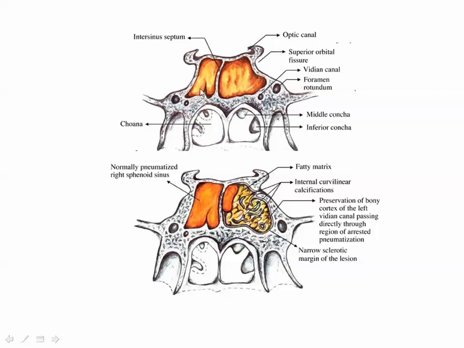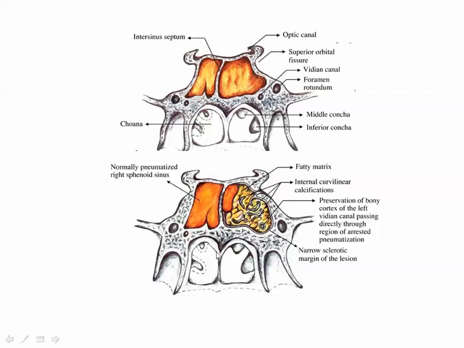This is the normal pneumatization of the sphenoid sinus. And here you can see that a good part of the sphenoid sinus, especially the left one, is non-pneumatized, with an area of fat and bone marrow trabeculae replacing the air.